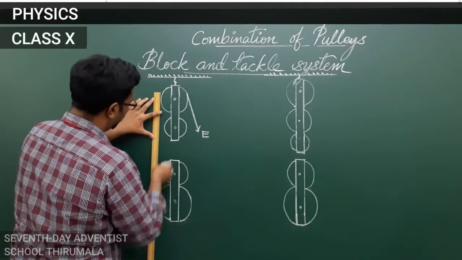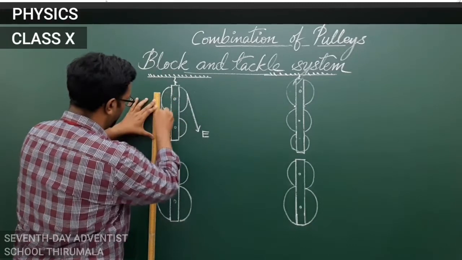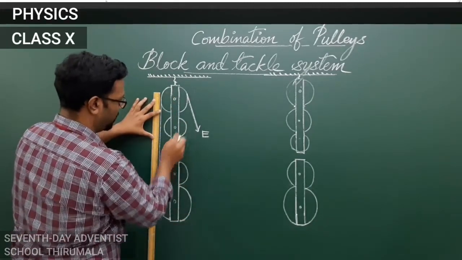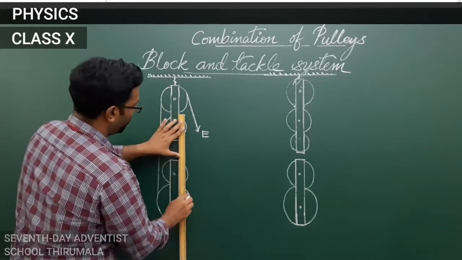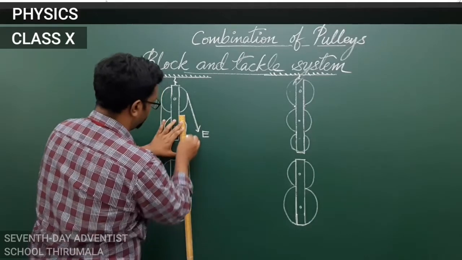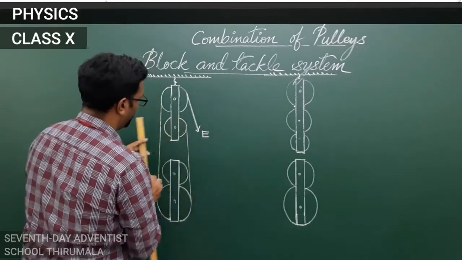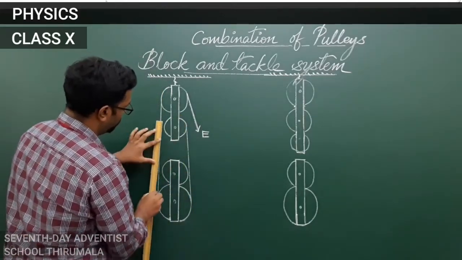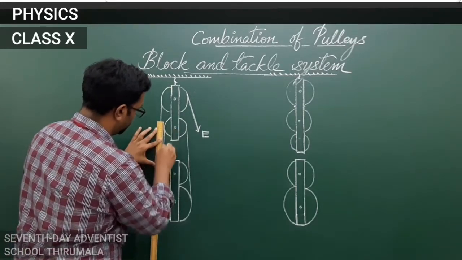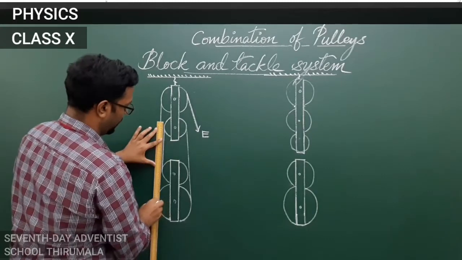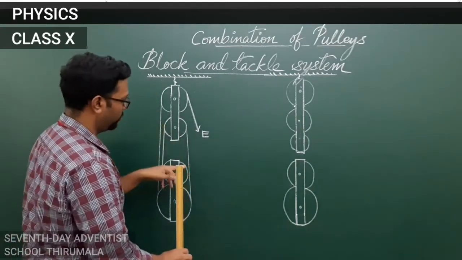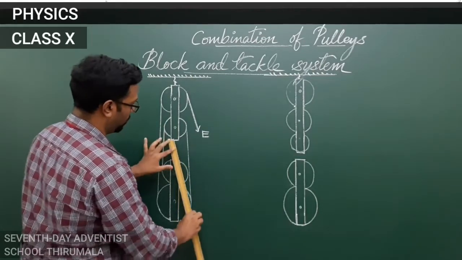So from the first top pulley we will draw it to the last pulley, and from there we will draw it to the second pulley in the first block. Okay, from there you draw it from this side to this pulley, and from this pulley there is no other pulley to go, so it will be connected to the upper block.